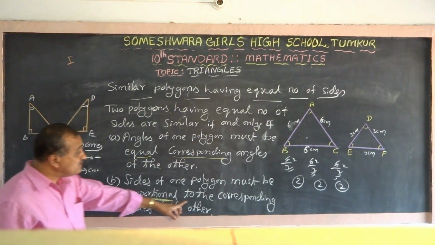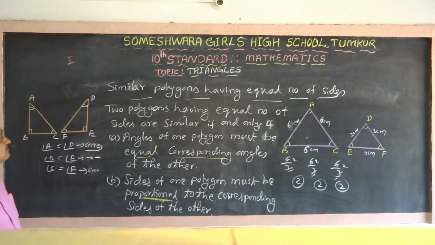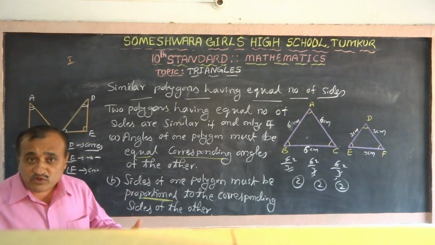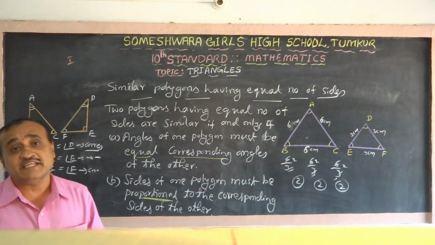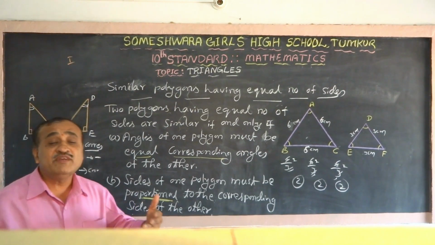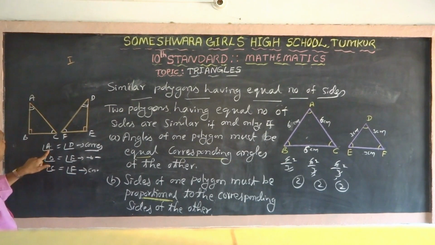What do you mean by corresponding sides? The sides which are opposite to the equal angles are called corresponding sides. For example, what is opposite to angle A? BC. What is opposite to angle D?